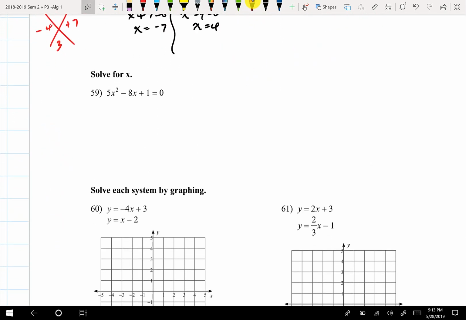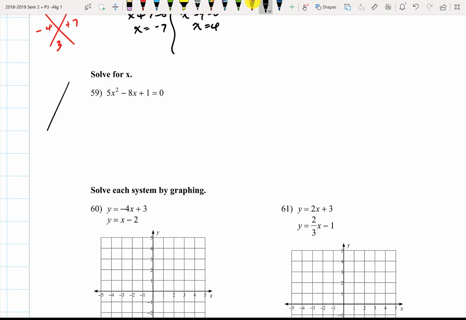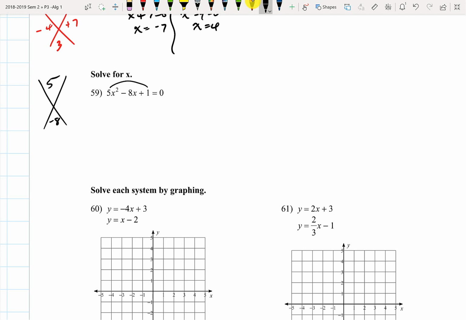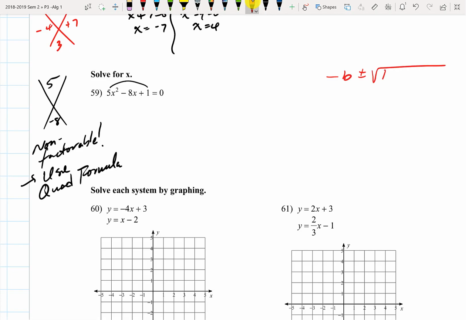Now on this one here, this one is not factorable. So I'll try it. What two numbers multiply to 5 and add to -8? And there are none. So this is non-factorable. So use the quadratic formula. To do that, you have to know it: -b plus or minus the square root of b squared minus 4ac, all divided by 2a.